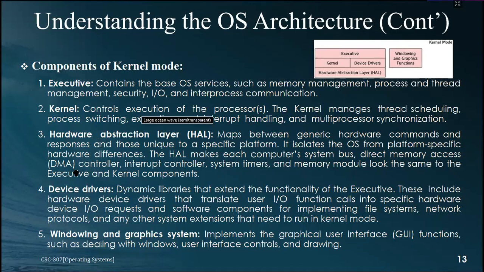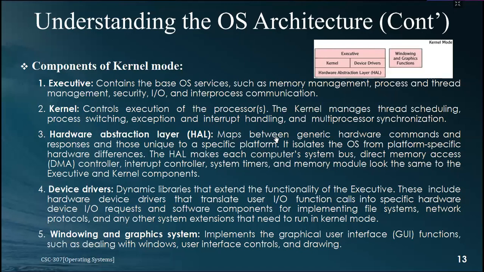And then we have the hardware abstraction layer, which maps between generic hardware commands and responses, and those unique to a specific platform. Whenever you're storing data, or playing a movie or a game, you're actually extracting data from the computer using the computer system bus. That means we're accessing the computer's memory.